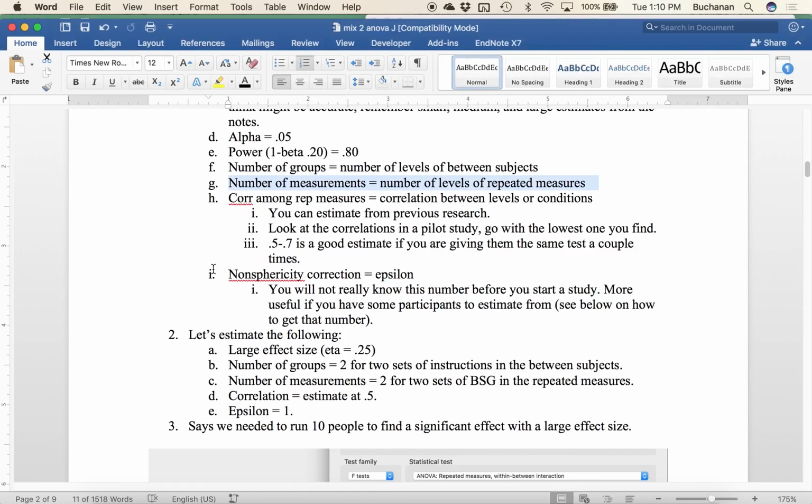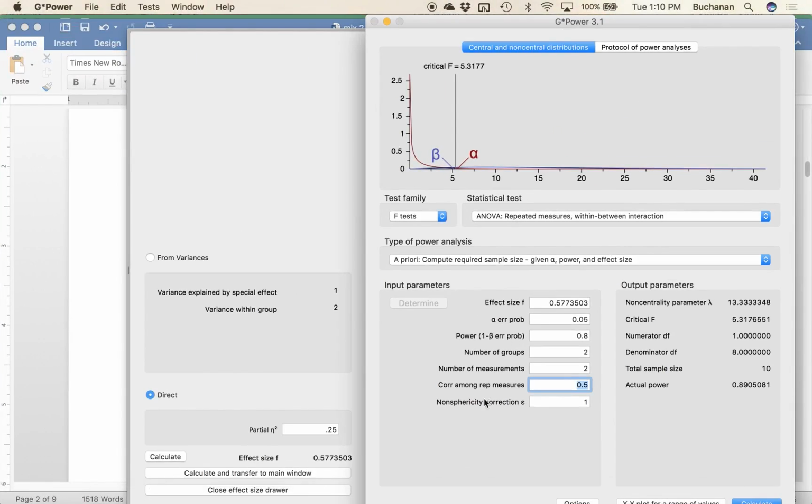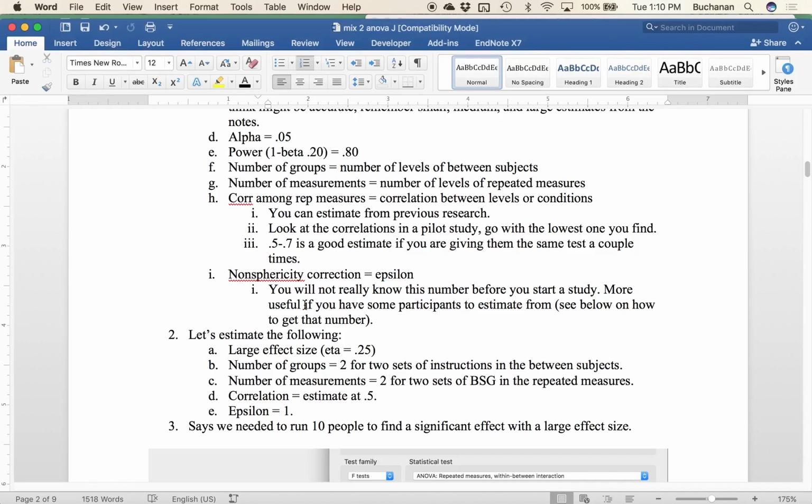We know that it was actually closer to 0.6, but if this is completely beforehand, 0.5 is not a bad estimate. And our nonsphericity correction, or our epsilon, would be, in this case, 1, because we only have 2 levels for a repeated measures variable, so there's no way to fix that one.